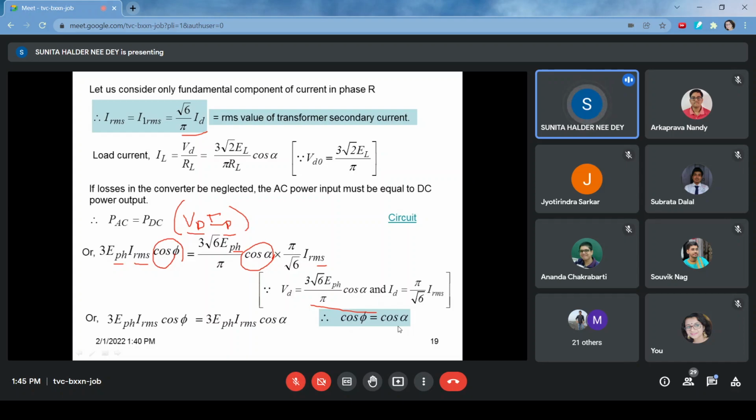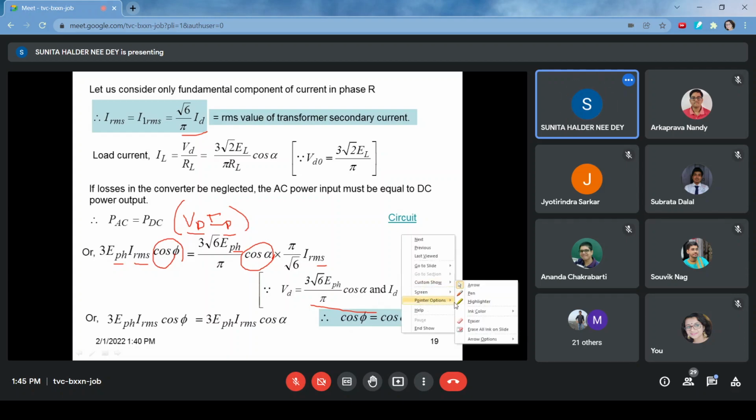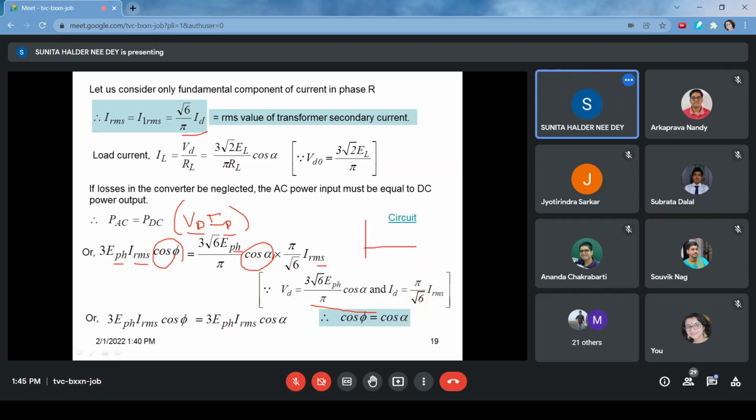So to compensate that 10 degree lagging, if I say positive side inductive, then we have to use 10 degree leading to compensate this much reactive portion, is it not? That's why reactive power devices are required in the converter, in the HVDC stations.